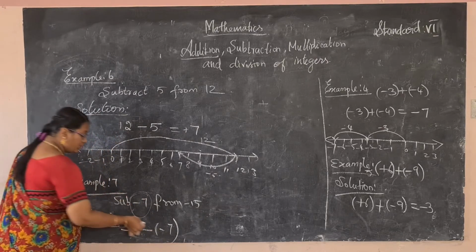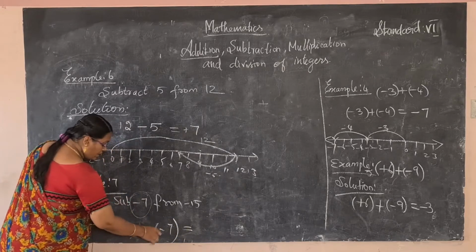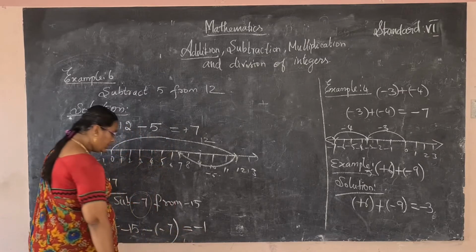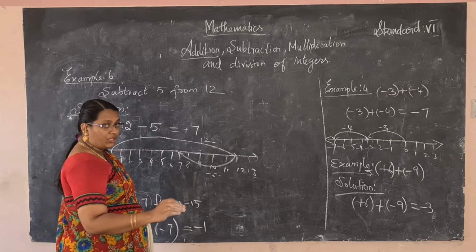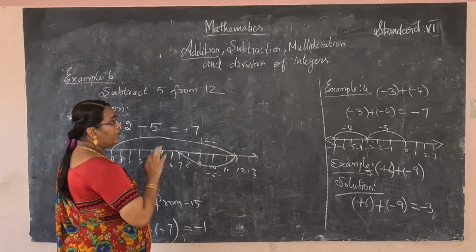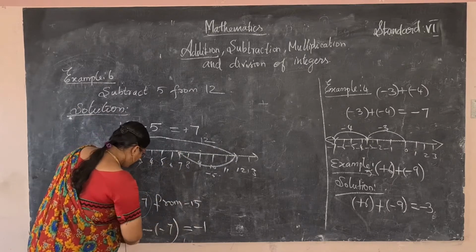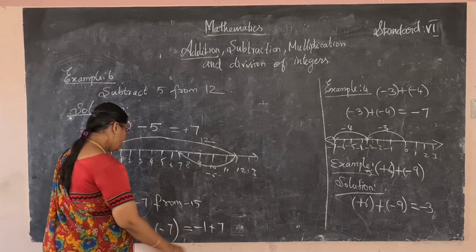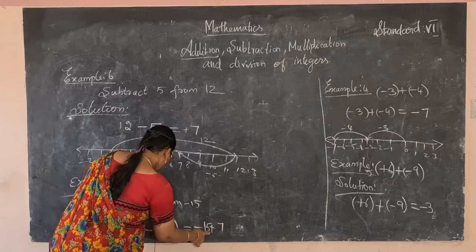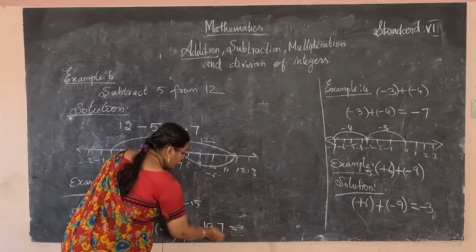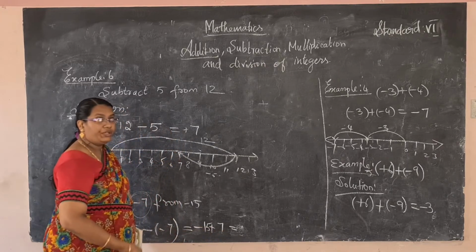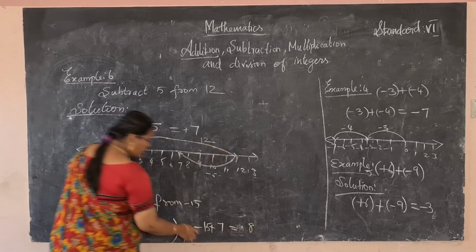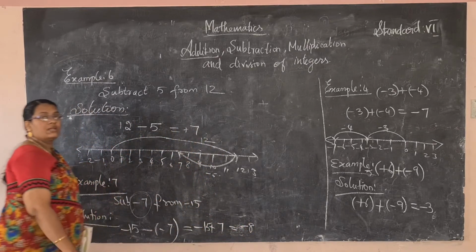This is a negative number, so minus 7. So minus into minus is plus. Throughout I have explained the rule for product and division: product and division have the same rule, and addition and subtraction have the same rule. So minus 15, minus into minus, plus 7. So minus 15 plus 7 is equal to, here two different signs come. What do we do? Subtract and put the greater number's sign. So 15 minus 7 is 8. The greater number sign is minus, so the answer is minus 8.